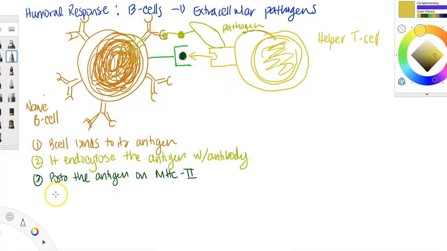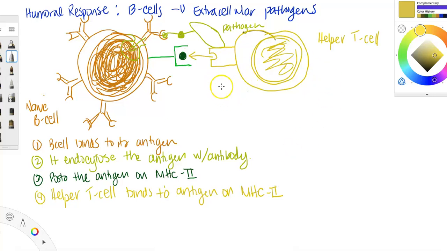Okay, so the helper T cell binds to the antigen on MHC2.